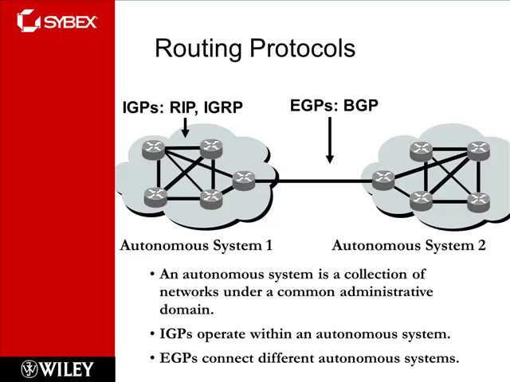BGP, Border Gateway Protocol, is the protocol that the internet actually runs on. It's the one that shares the route information that is given by the ISPs, how you get to the different networks. It has a huge route table, as you might expect. It has a route table of the internet. You don't have to download it all if you're an ISP.